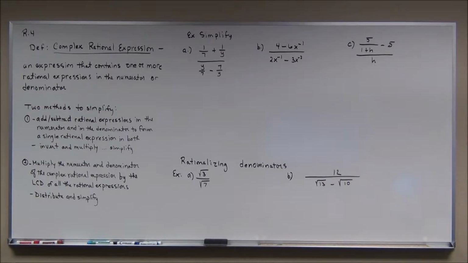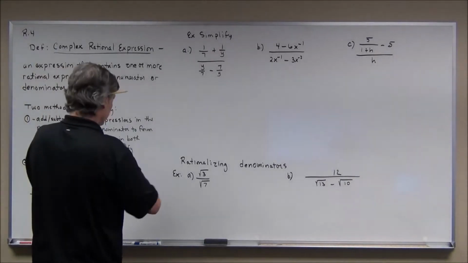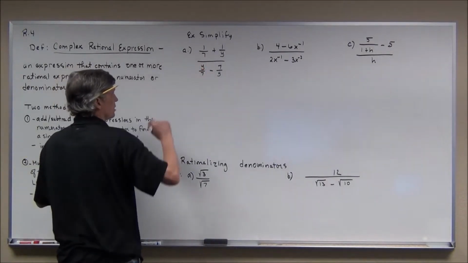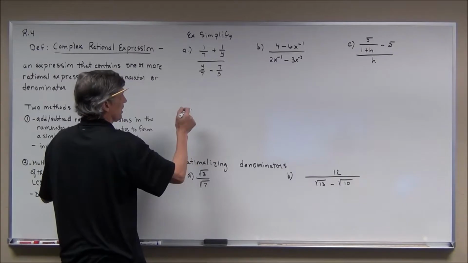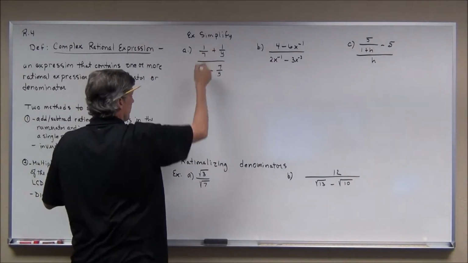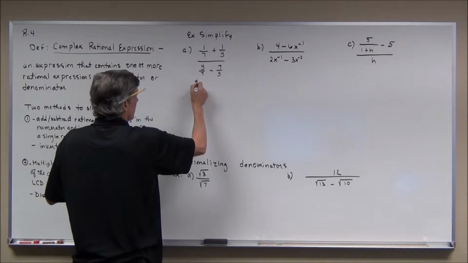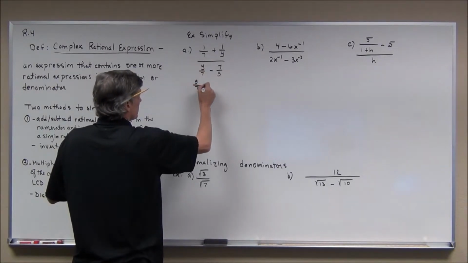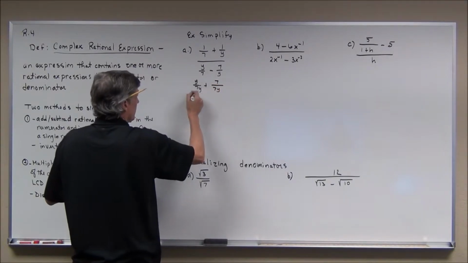So for the first example here, I'm going to use this method, and I'm going to add the numerators, subtract the denominators. My common denominator in both cases would be 7y. So I'd have to multiply top and bottom here by y. So that would be y over 7y, plus, here I'd have to multiply top and bottom by 7. That would be 7 over 7y.